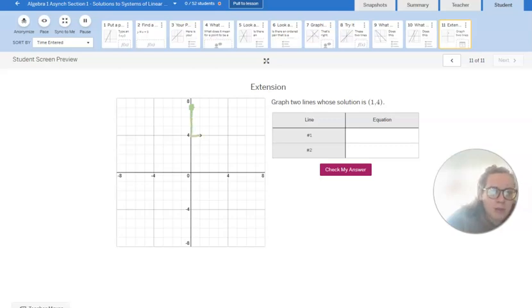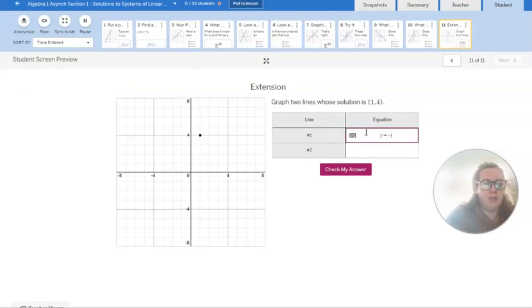Down 3 over 1. Down 3 over 1. So there's our line that has this -3 over 1 slope. So it's y = -3x + 7, and our y-intercept is 7. So there's the first line. I'm going to graph it here. Okay, there's my first one.